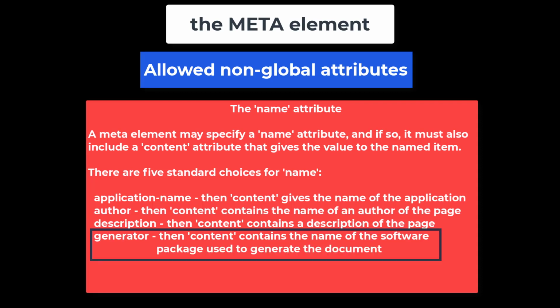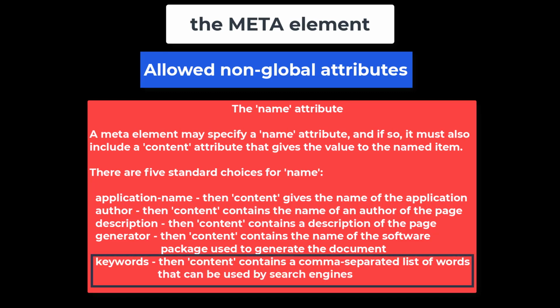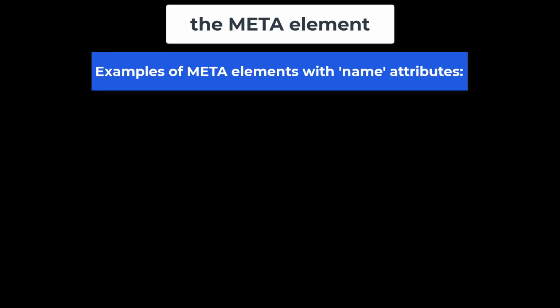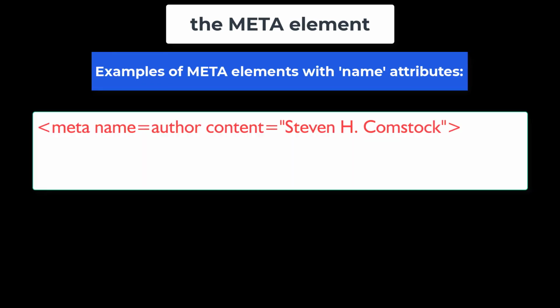If the name attribute is generator, then the content attribute contains the name of the software used to generate the document. And if the name attribute is keywords, then content contains a comma-separated list of words that can be used by search engines. Here's some examples of meta elements with name attributes.